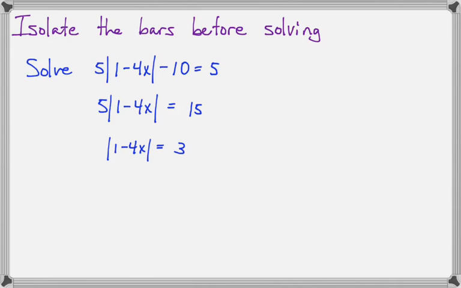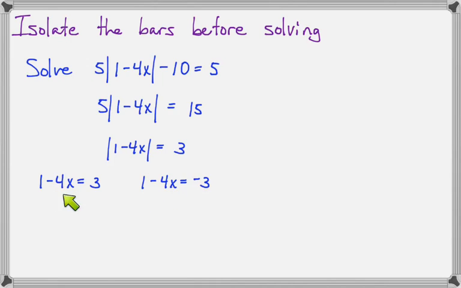So if we take the bars now equal to 3, that means what's inside the bars has to be either positive 3 or negative 3. So here's where I get my two equations. What's inside the bars is either 3, or what's inside the bars is negative 3.